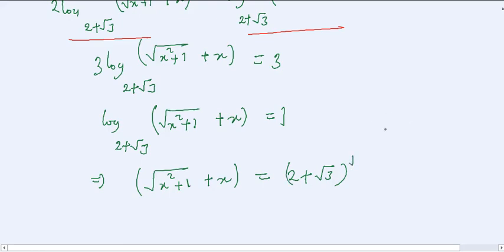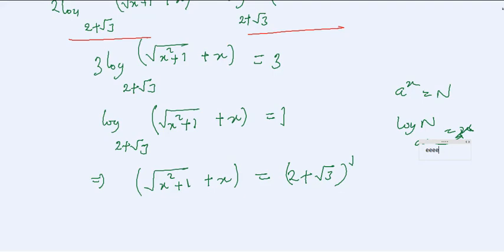Don't forget, when you have a raised to power x to be equal to n, this is the same thing as log n base a equal x. So if you want to write it back, you say a raised to the power of x equal n. Now that's what I have done here. 2 plus root 3 raised to power 1 is equal to this. That's what I've done. So I've just let 2 plus root 3 raised to power 1 to be equal to that.